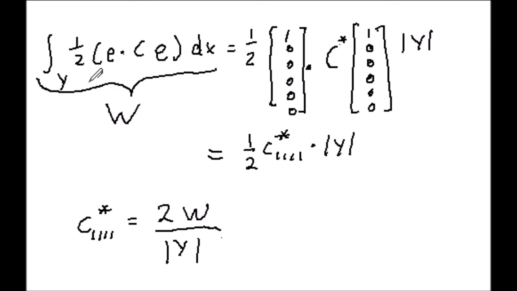Recall that in order to find the coefficient C11 star, we just compute the energy in the case when we let the normal strain in the one direction be equal to 1 in average. We may use another value for this. We may stretch it so that it has the value k instead.